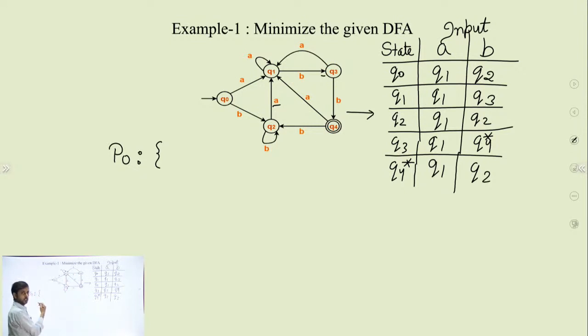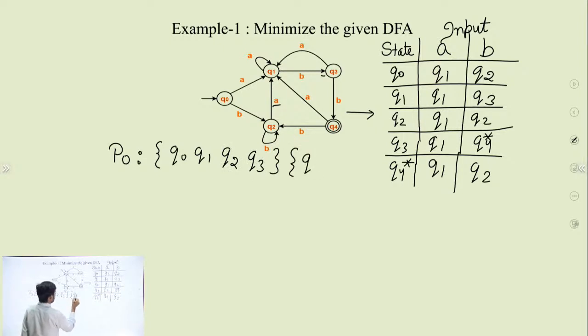One set contains the final state and the other set contains the non-final states. So Q0, Q1, Q2 and Q3 are non-final states, and the other set is Q4, which is the final state. Now find the 1-equivalence class P1.